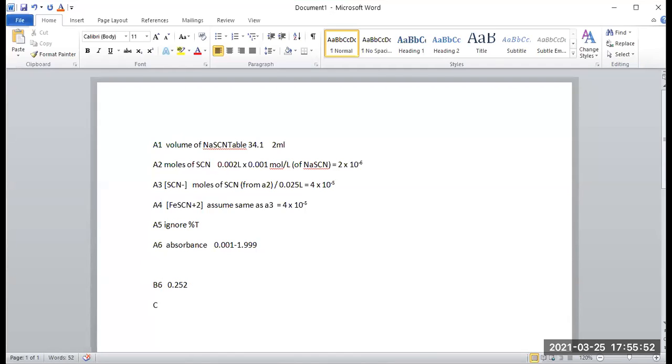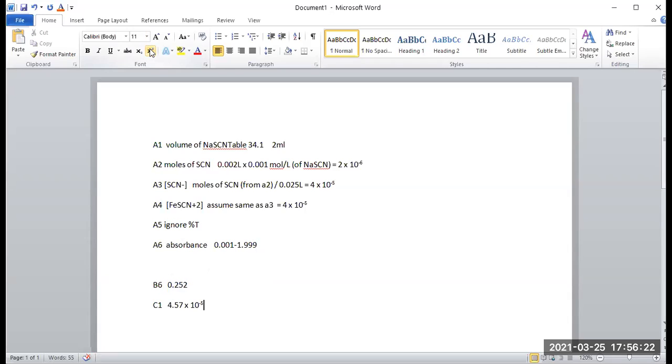Calculations are all part C. You need to put this value, 0.252, in as your Y into your equation from your trend line and solve for X. And I end up with 4.57 times 10 to the negative fifth, because all of my concentrations when I did the graph were all 10 to the negative fifths.